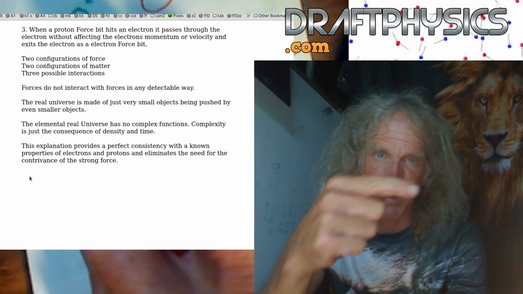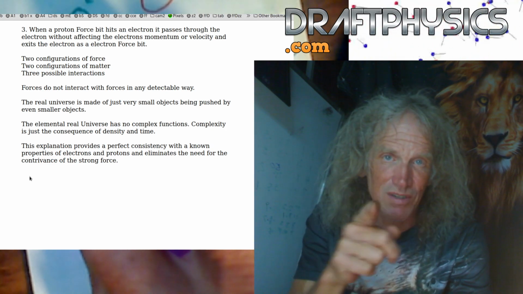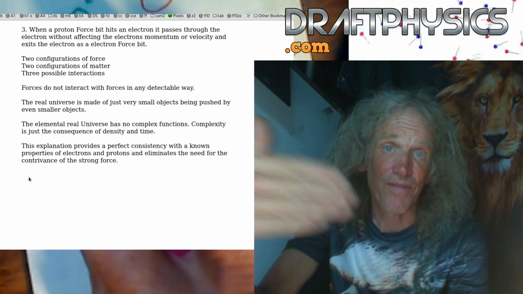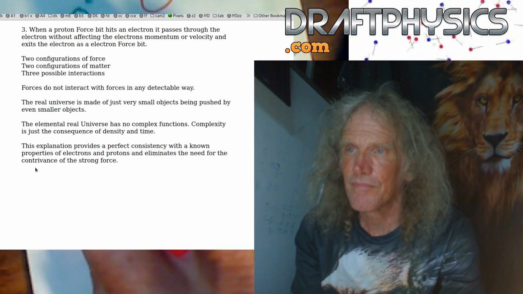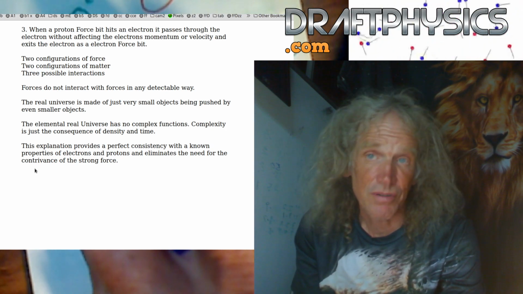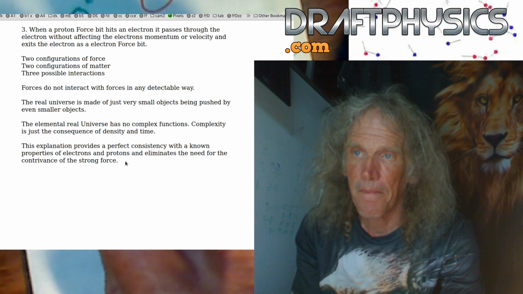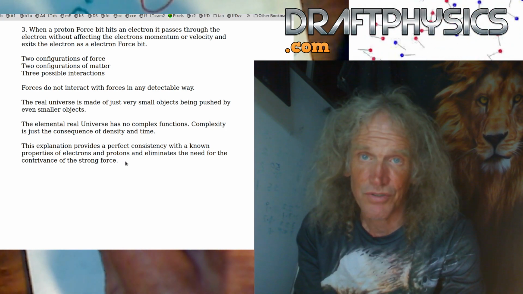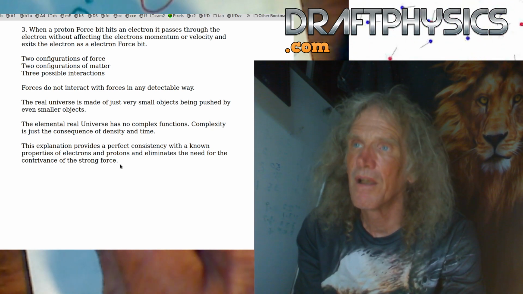Once it has momentum, it can keep it, because the force it's going into becomes invisible because of the change in its color, the change in its dimension, or however you want to describe the change in its orientation from being electron force to proton force, or vice versa.